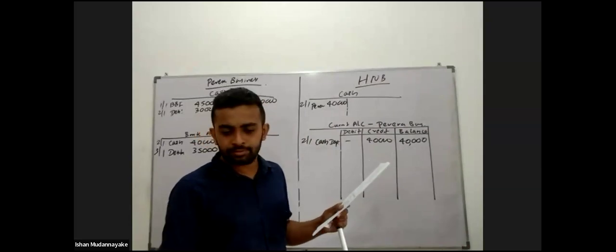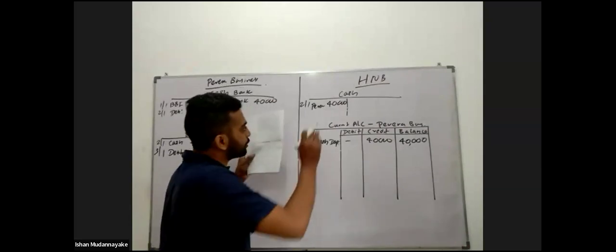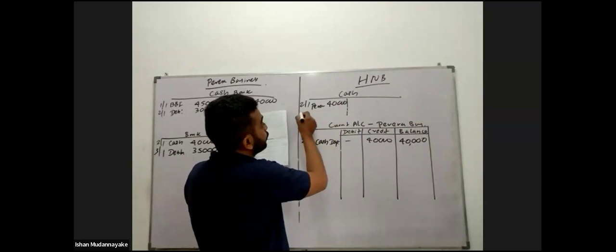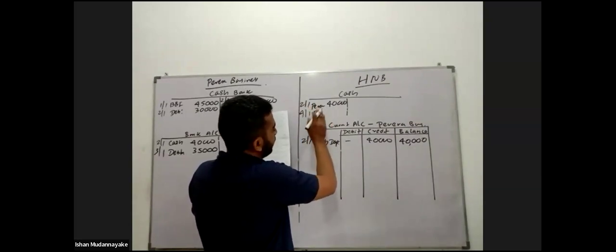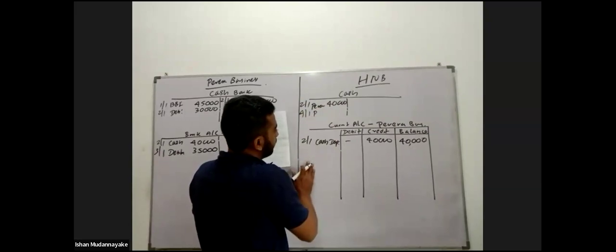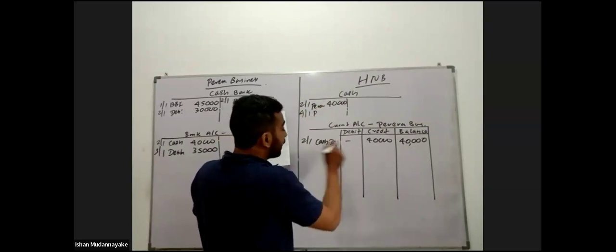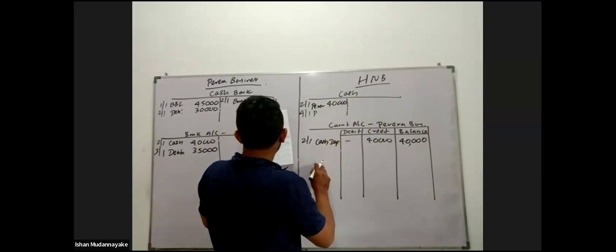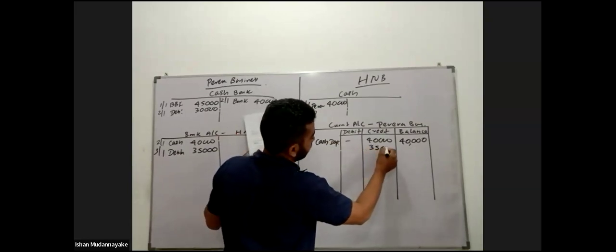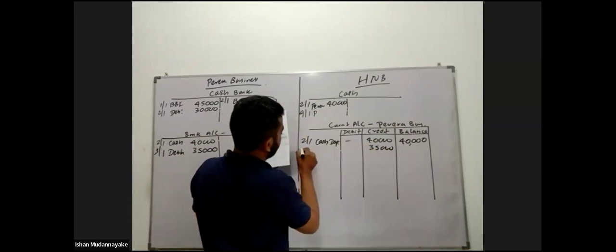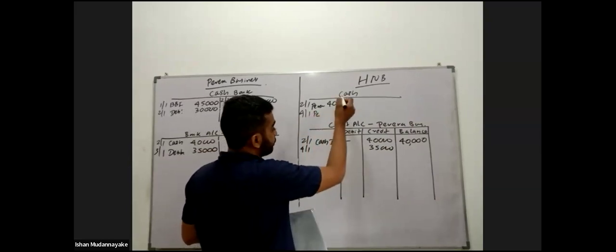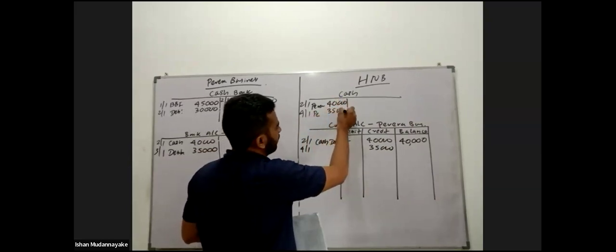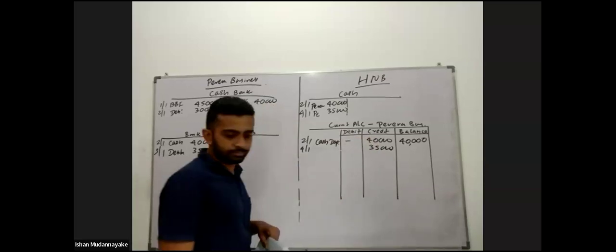HNB bank cash book debit on 4th January, 35,000, and then Pereira account credit 35,000 on 4th January.